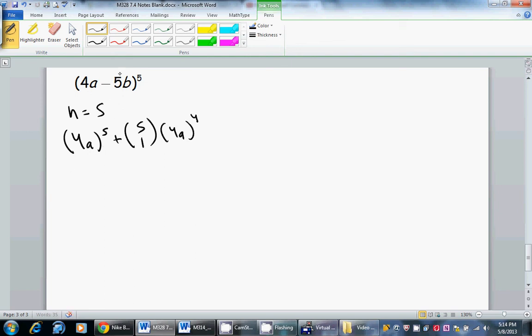Now, the entire second term is negative 5b to the first. So this term is going to come out negative.